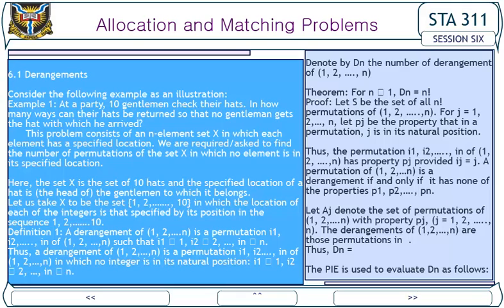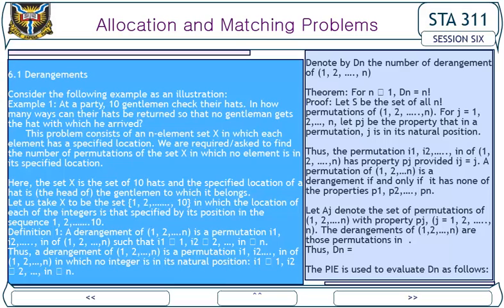Let us take X to be the set 1, 2, to 10, in which the location of each of the integers is that specified by its position in the sequence 1, 2, to 10. Definition 1. A derangement of 1 to n is a permutation i1, i2, ..., in of 1 to n, such that i1 is not equal to 1, i2 is not equal to 2, ..., in is not equal to n.